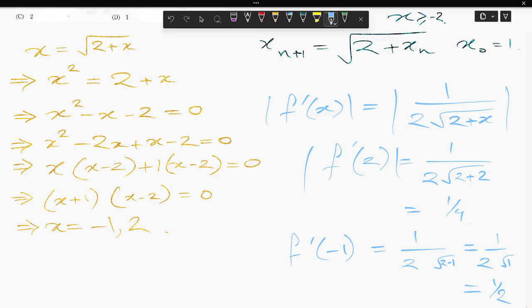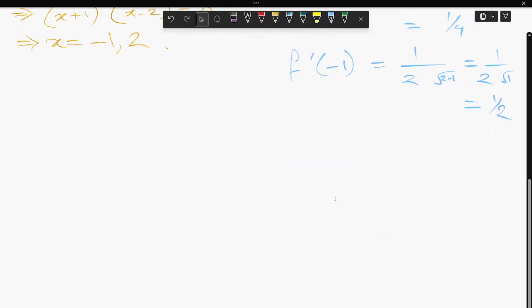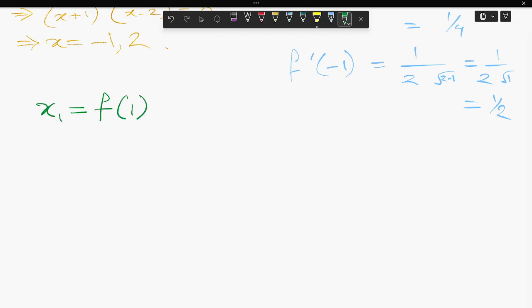Now for x_0 equals 1, we have to check the iterations. So x_1 equals f of 1, then we will have root over of 2 plus 1, so that will be root over of 3, which is approximately 1.732.